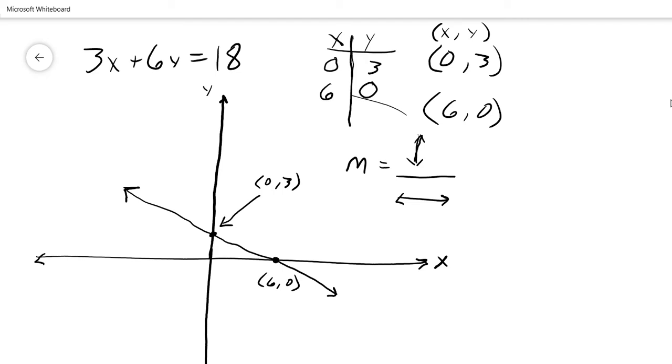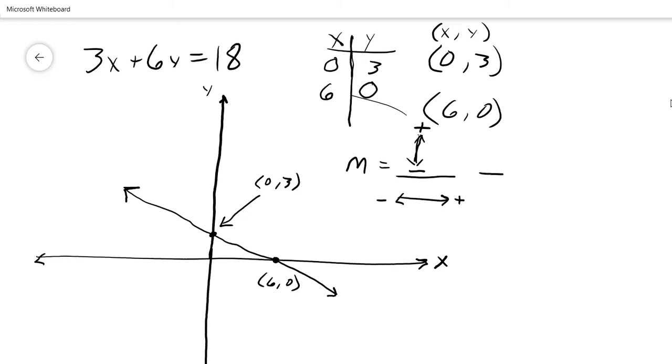Now, if you have to go up, that's on the top of the ratio, and it's positive. Okay, if you have to go down, that's also on top of the ratio, but that's a negative number. If you go to the right, it's positive. If you go to the left, it's negative.